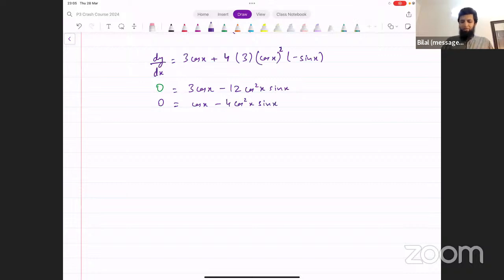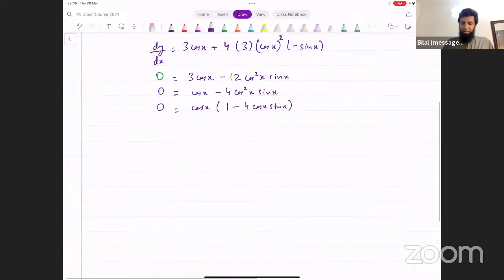Now, we can't really convert it to one function as it is right now, because if we were to try converting cos square to sine square, we would still have this cos left. What we can try doing is taking cos x common, perhaps. If we take cos x common, that leaves us with 1 minus 4 cos x into sine x, which equals 0. Okay.